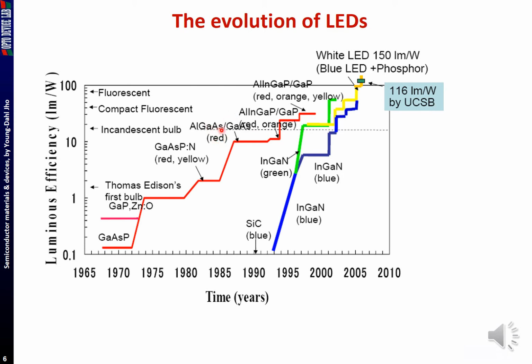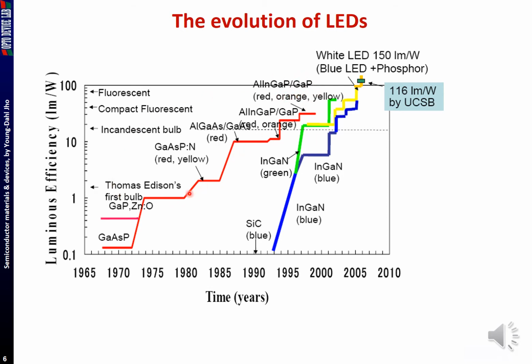The meaning of heterostructure you will learn later on. And then aluminum indium gallium phosphide, also used for different colors with higher efficiency.